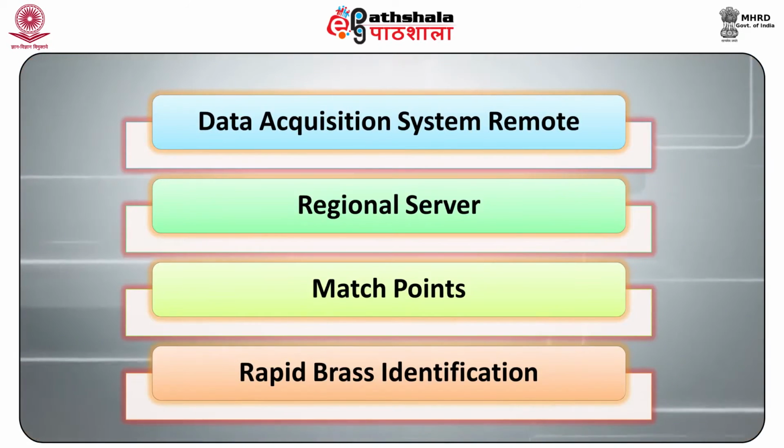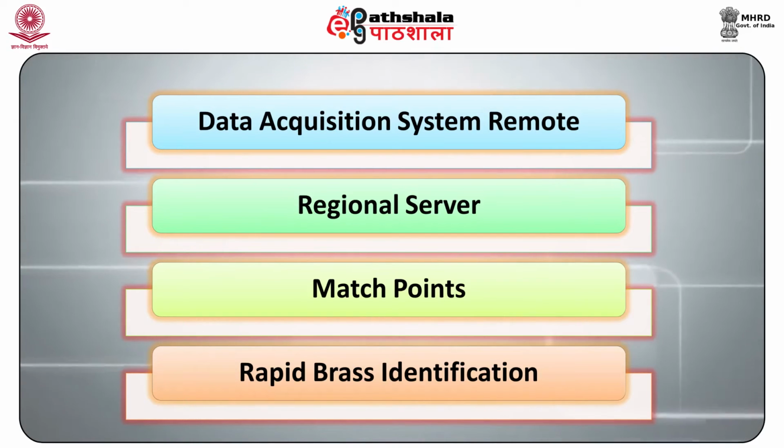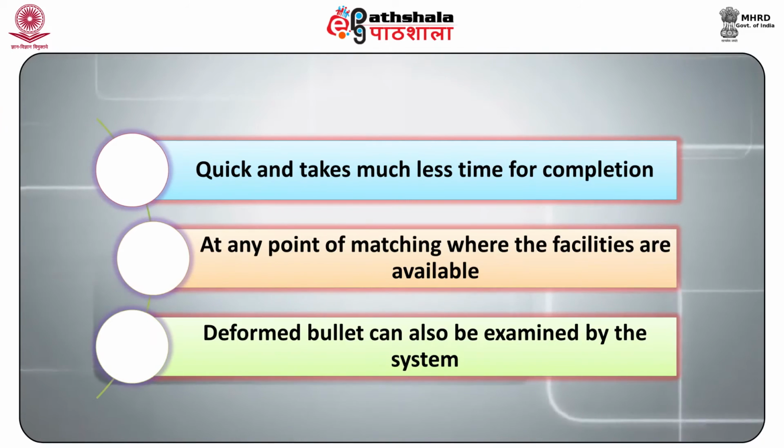NIBIN consists of the following four subsystems. Number 1, Data Acquisition System Remote. Number 2, Regional Server. Number 3, Match Points. Number 4, Rapid Brass Identification. It has its own advantages.